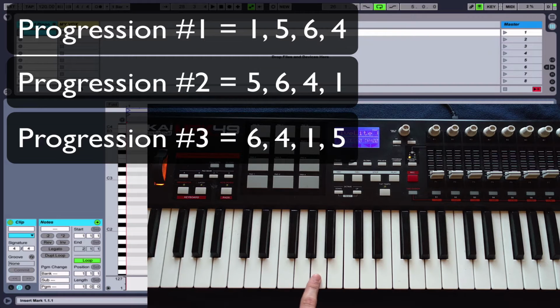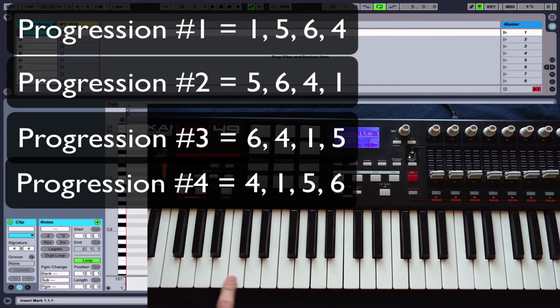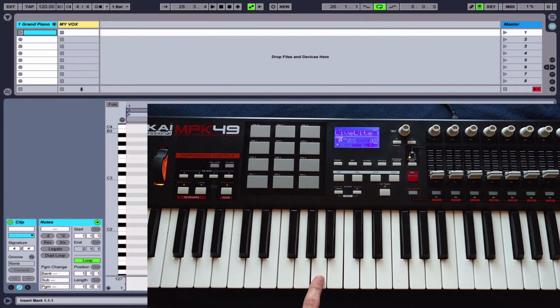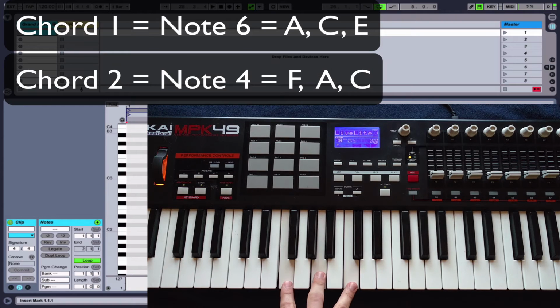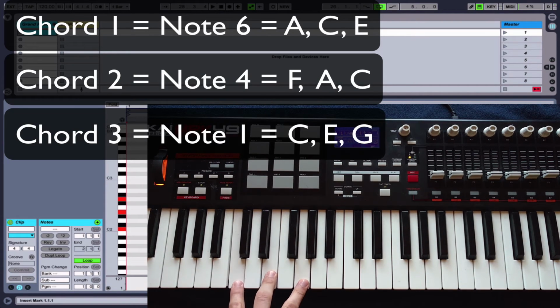So it would be 6, 4, 1, 5. And you can also start from 4. So you can go 4, 1, 5, 6. And then all you have to do is add the chords to that. So if we start from the 6 and we play that same progression, which will be 6, 4, 1, 5. So we go 6, 4, 1, 5.